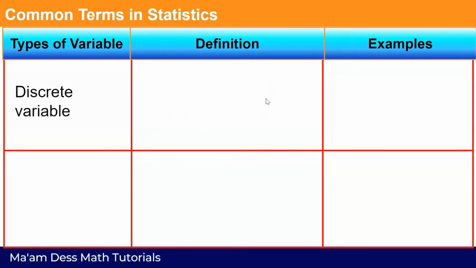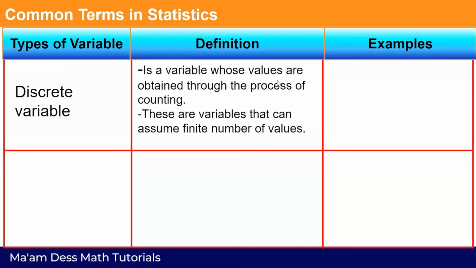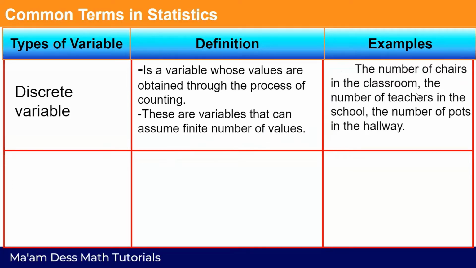Discrete variable is a variable whose values are obtained through the process of counting. These are variables that can assume a finite number of values. Examples: the number of chairs in the classroom, the number of teachers in the school, the number of pots in the hallway. So again, when you say discrete, you can do this through the process of counting.